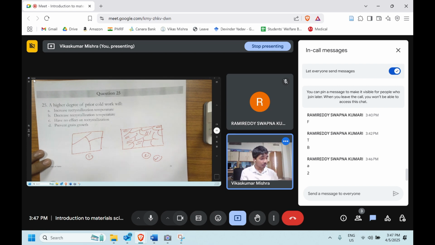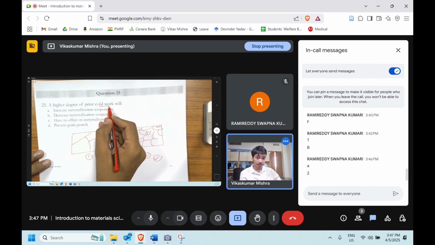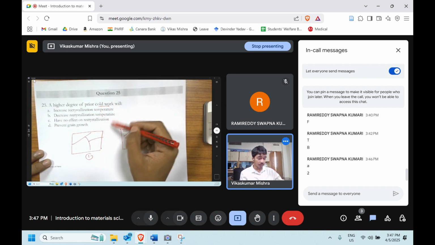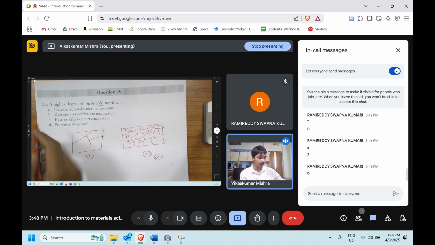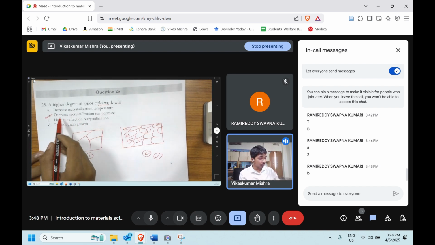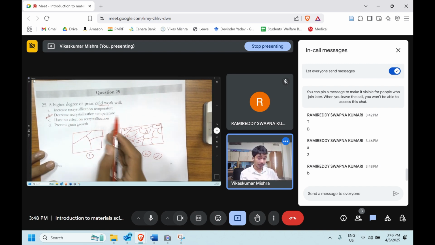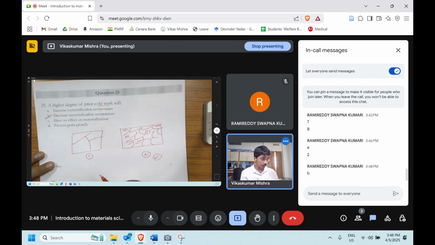So if we are increasing the cold work, which one is the correct answer, A, B, C, or D? Option B, right? Very good. The decrease in the recrystallization temperature. Very nice. With that, we have solved this question.